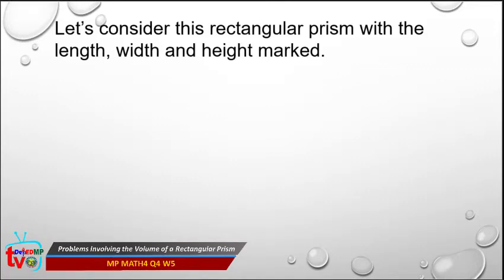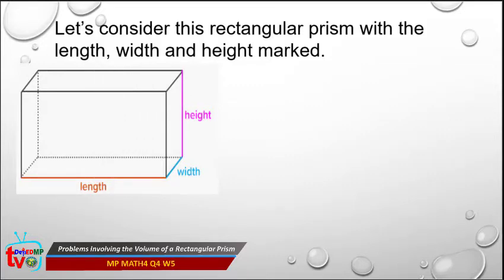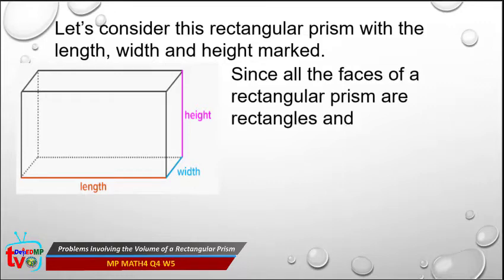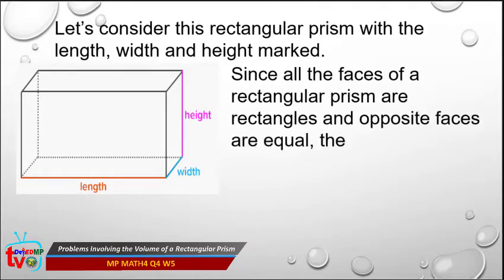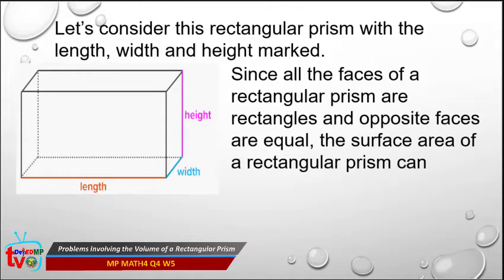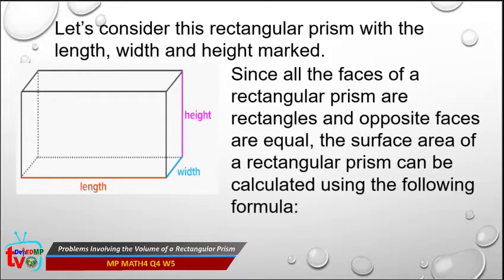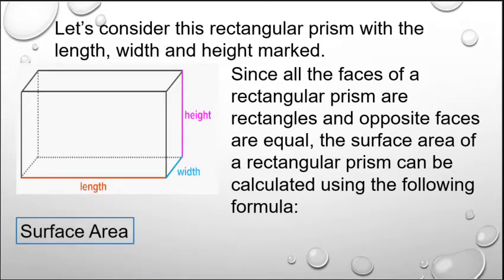Let's consider this rectangular prism with the length, width, and height marked. Since all the faces of a rectangular prism are rectangles and opposite faces are equal, the surface area of a rectangular prism can be calculated using the following formula.